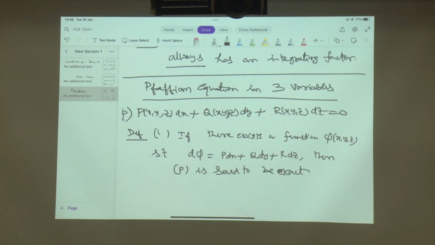In our previous example, that's what we did. We multiplied with x, y, z or 1, 1, 1, and we had the equations which are exact. That's why it was easy to integrate.